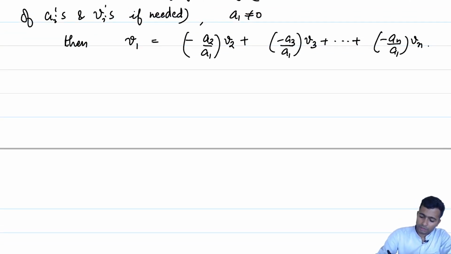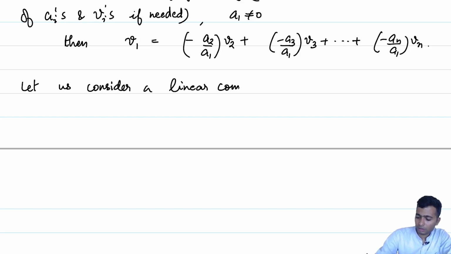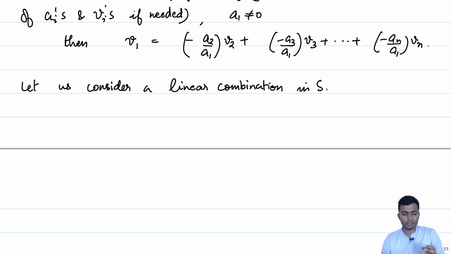Now let us consider a linear combination in S. Recall that our goal is to show that there exists some vector V such that S minus V has the same span as S. Our candidate for V is going to be v1.